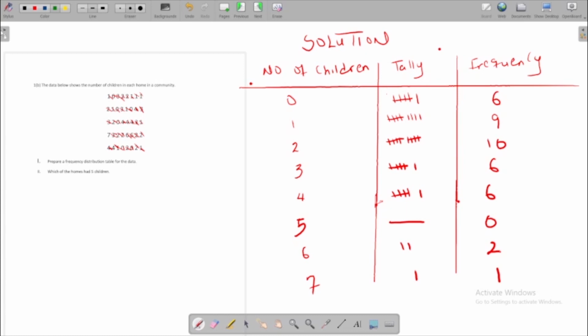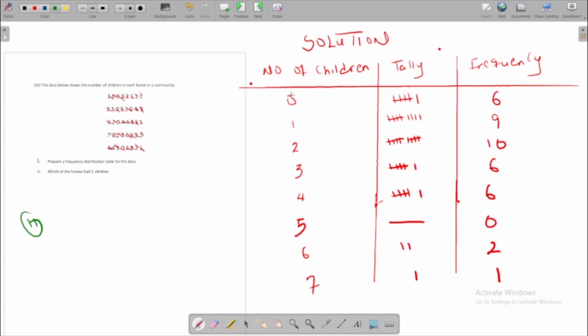So the second one says which of the homes had 5 children. So we look at the table we have here. These are the numbers of children that each home has.